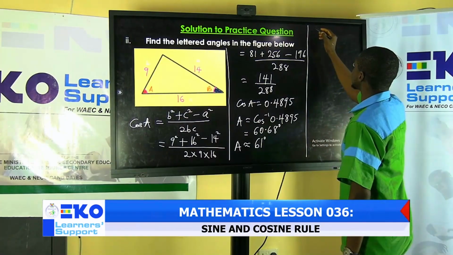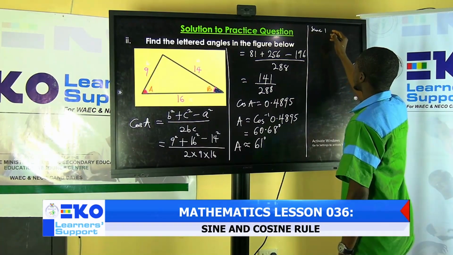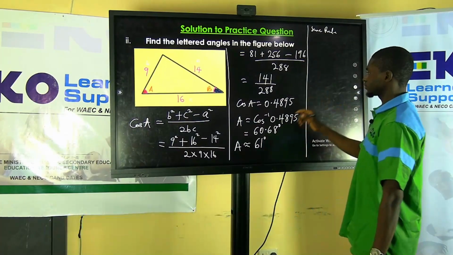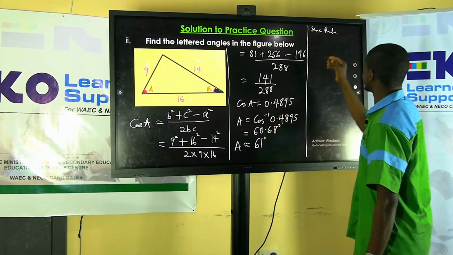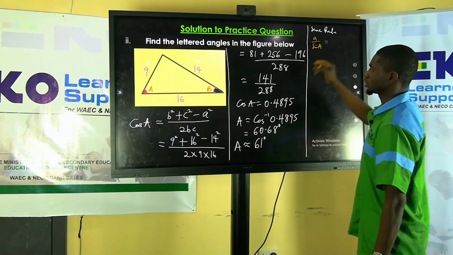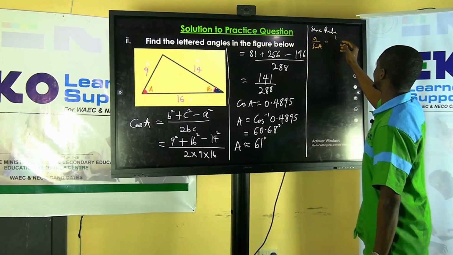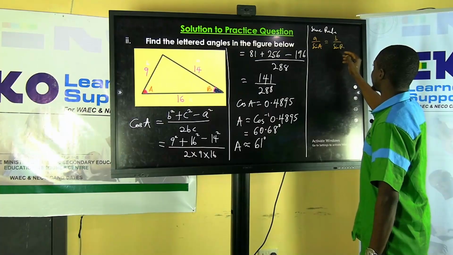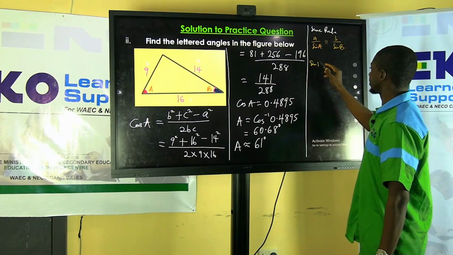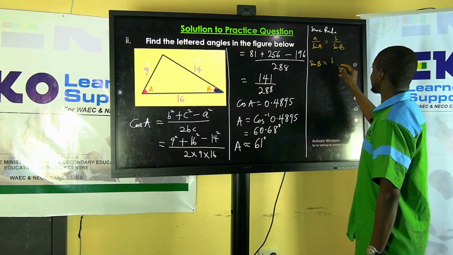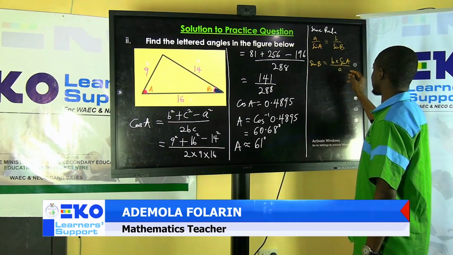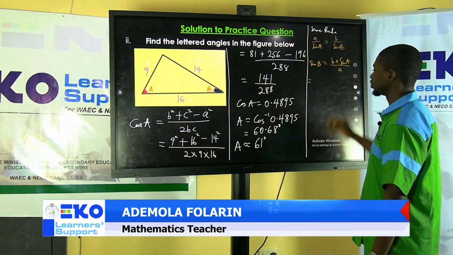So using sine rule, which tells us that we combine the known family, A over sine A equals, we are interested in B, B over sine B. Make the angle B the subject, we have sine B equals B multiplied by sine of A divided by side A. Then the next thing is to substitute those values.